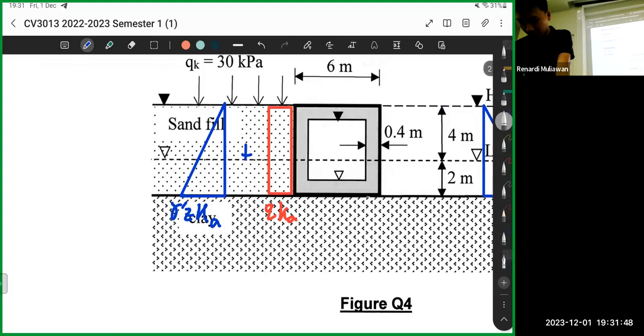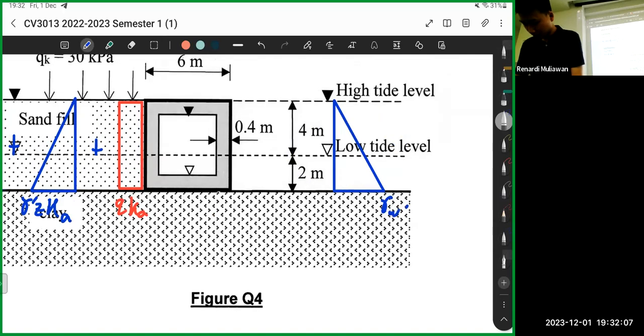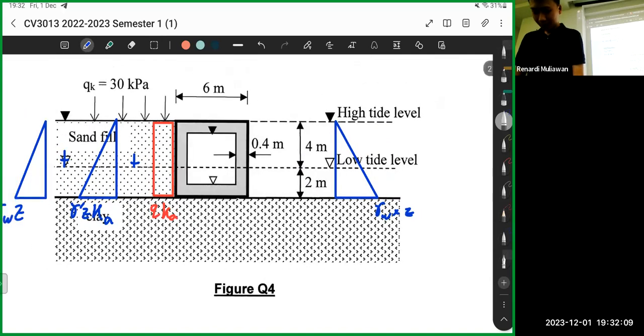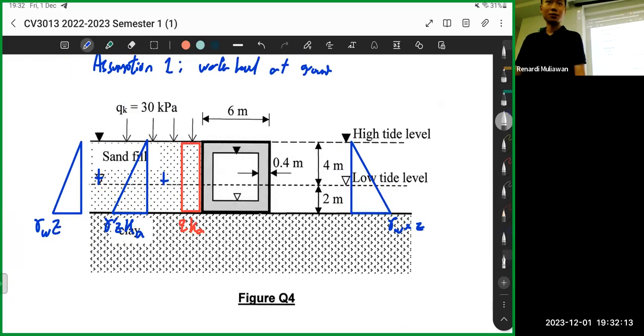Then this one is gamma prime. Then you have water. For water, we don't need Ka. Remember, water we don't need Ka. So this one is gamma water times Z. This one also gamma water times Z. So we have these forces.